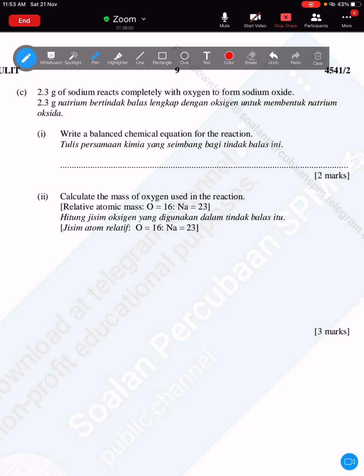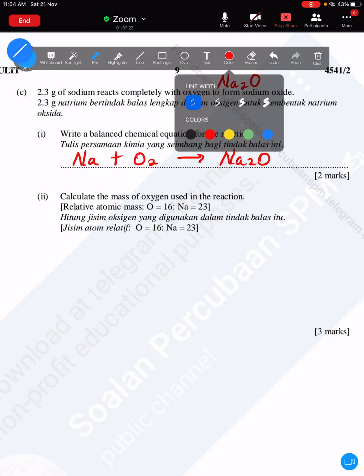2.3 gram of sodium react completely with the oxygen to form a sodium oxide. Of course lah. Na2O. Write a balanced chemical equation for the reaction. This is very easy. Na plus oxygen gas to form Na2O, but this is not balanced. I will advise you to put, dia ada berapa cara tau.